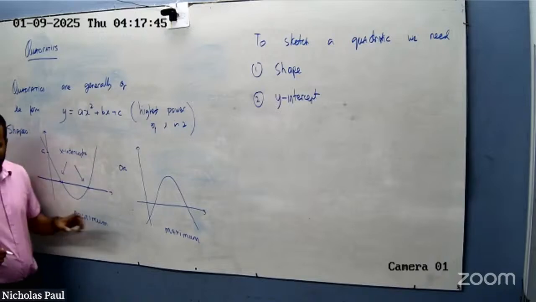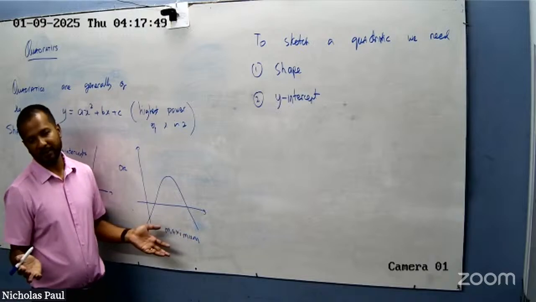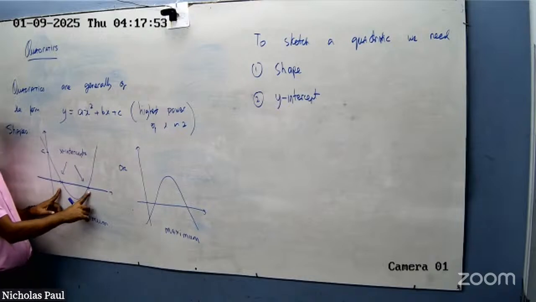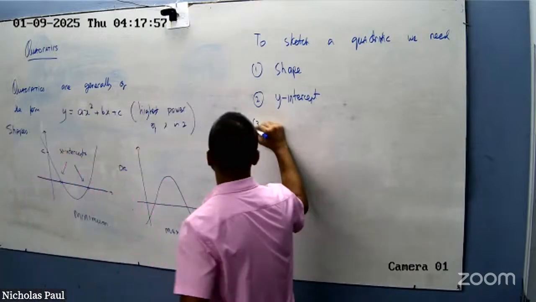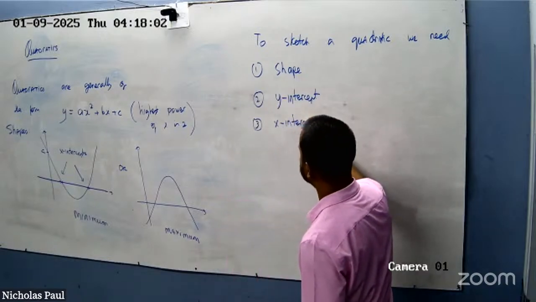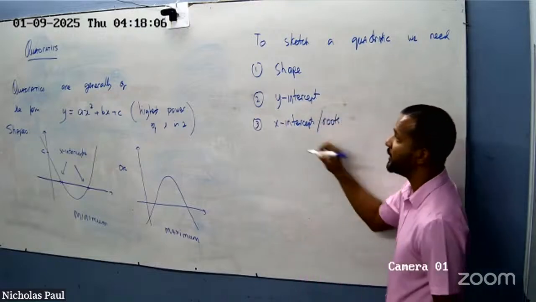You're not paying attention, I expect you to know what's going on. So you just call these two points the x-intercepts, or the roots. We need to get the x-intercepts, or the roots. They both mean the same thing.